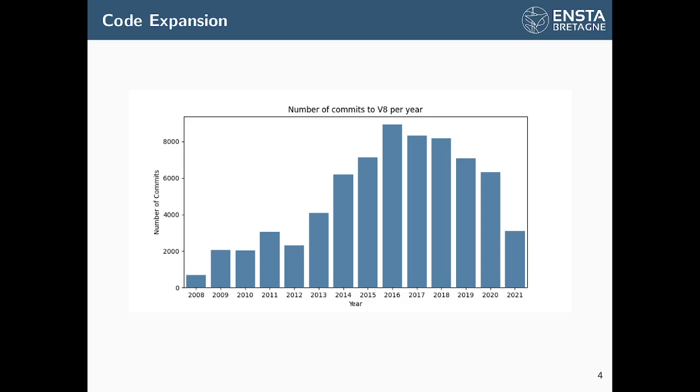V8 is the Google Chrome JavaScript engine, so that's embedded in all of our browsers. And here as well, we have 16,000, the total number of Pharo commits, that will be reached in 2 years of commits of V8 VM.